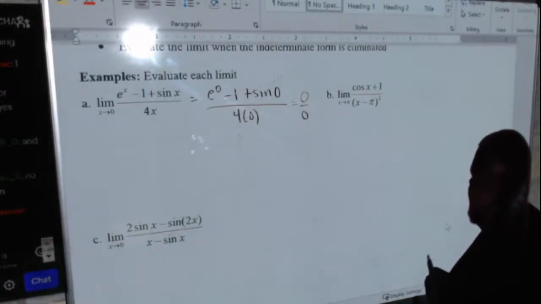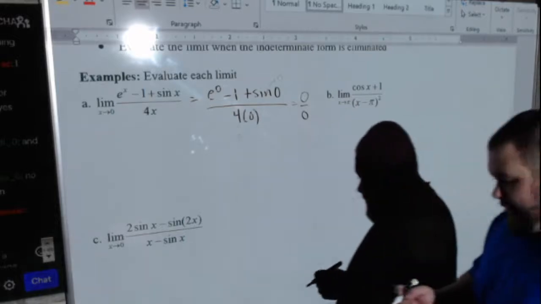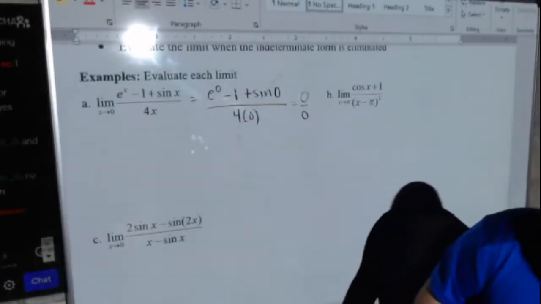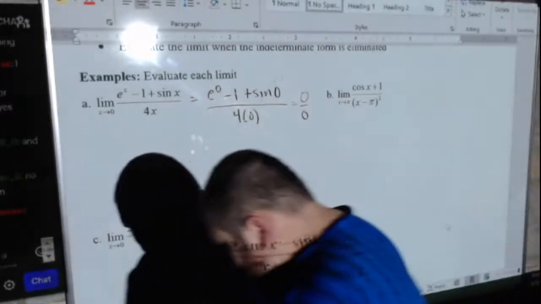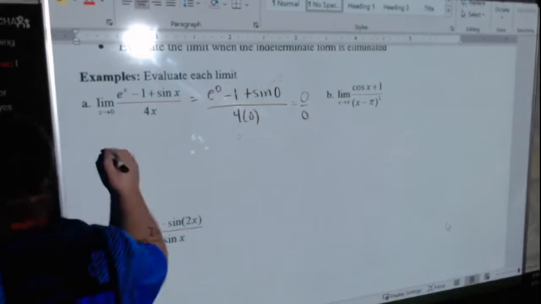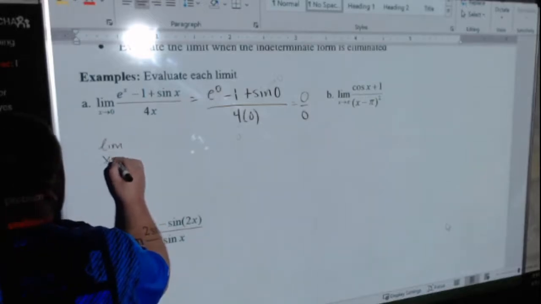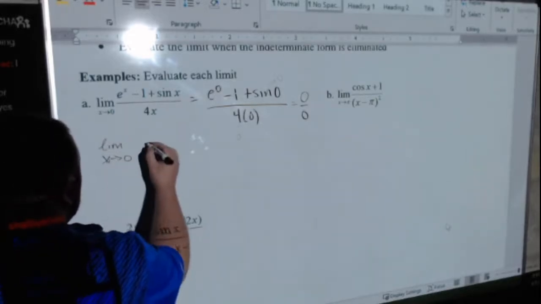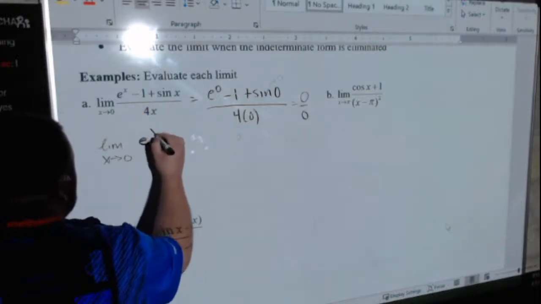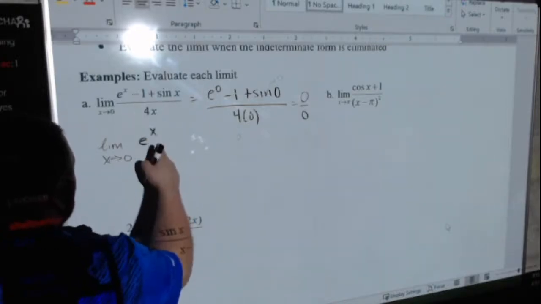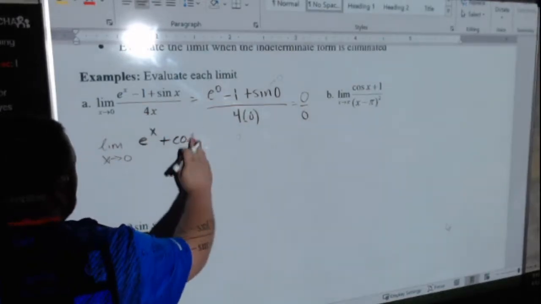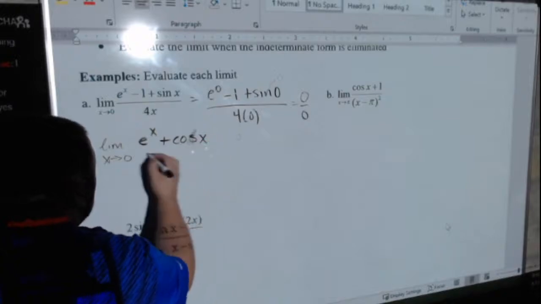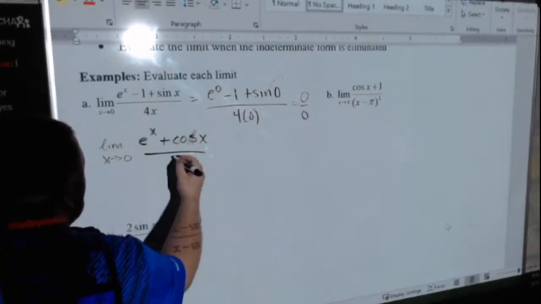And L'Hopital's rule says take the derivative of the top and the derivative of the bottom and evaluate again. So let's do that. If I take the derivatives here, this would be the limit as x approaches 0. Derivative of e to the x is e to the x. Derivative of minus 1 is 0. Derivative of sine is cosine. And derivative of 4x is 4.